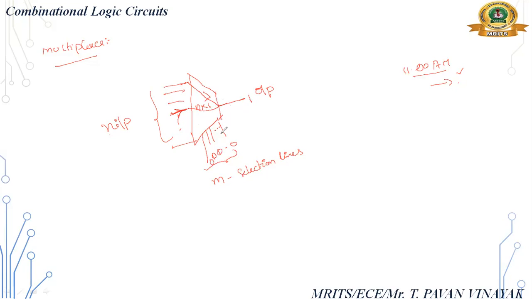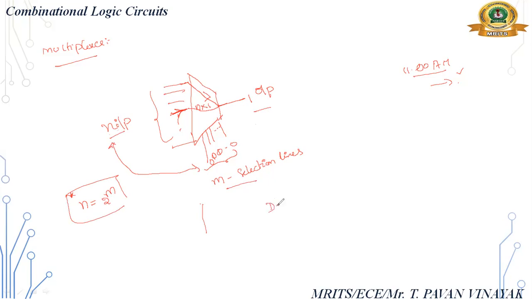This is the multiplexer circuit, and there is a relationship between n and m: n is equal to 2 power m. This is the important condition. So we have n inputs, m selection lines, and 1 output.